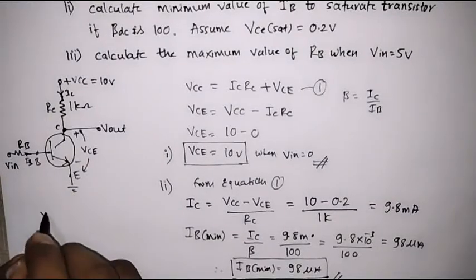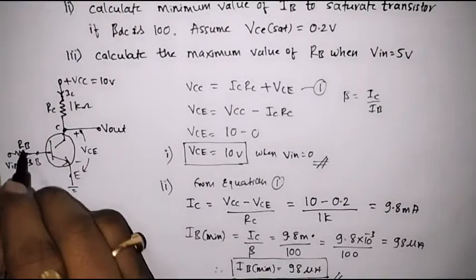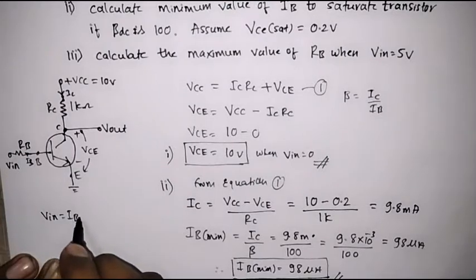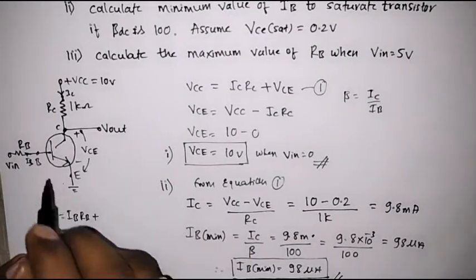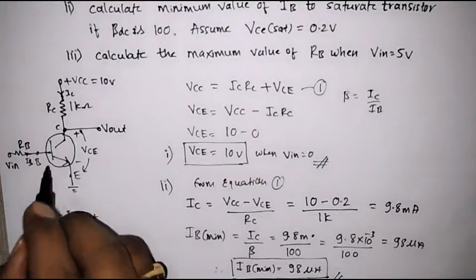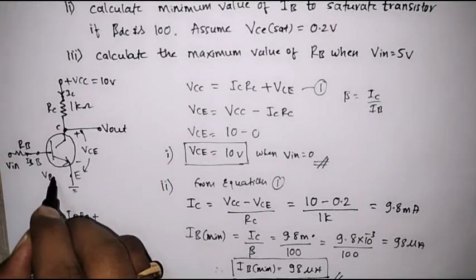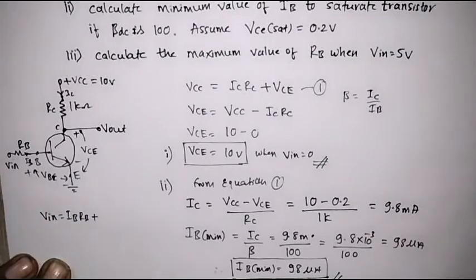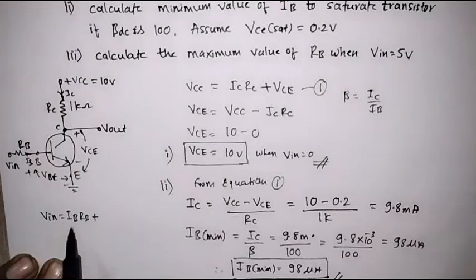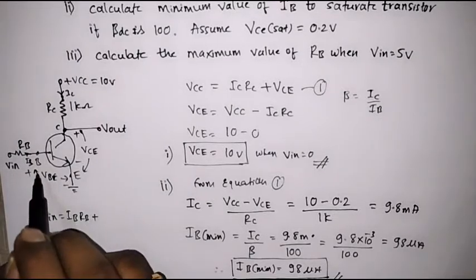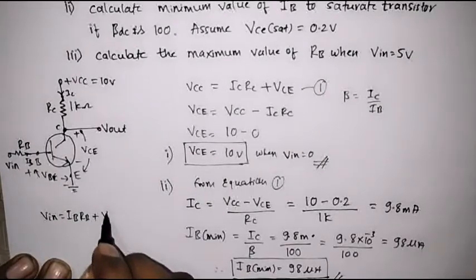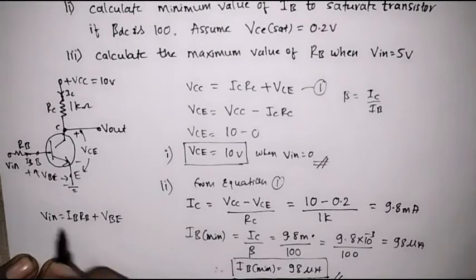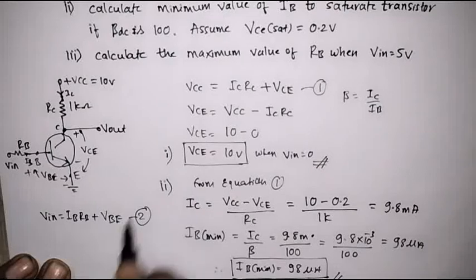So I can say Vin is equal to IB into RB plus the voltage between base and emitter, that is VBE. We'll call it equation number 2.